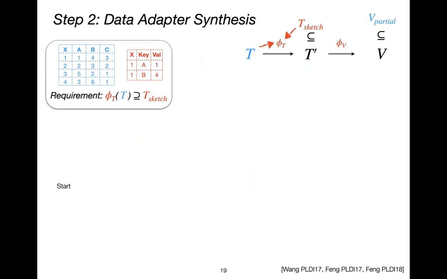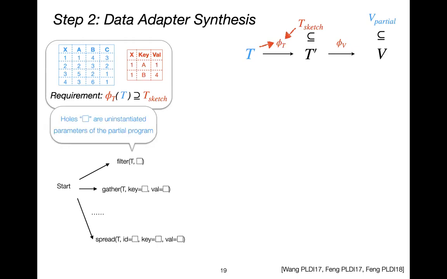And one of the key classical algorithms to do this kind of synthesis problem for complex data is enumerative search. The way is we start from nothing, and we enumerate programs of size 1. Here the programs start from uninstantiated parameters, so we're starting from some partial programs.